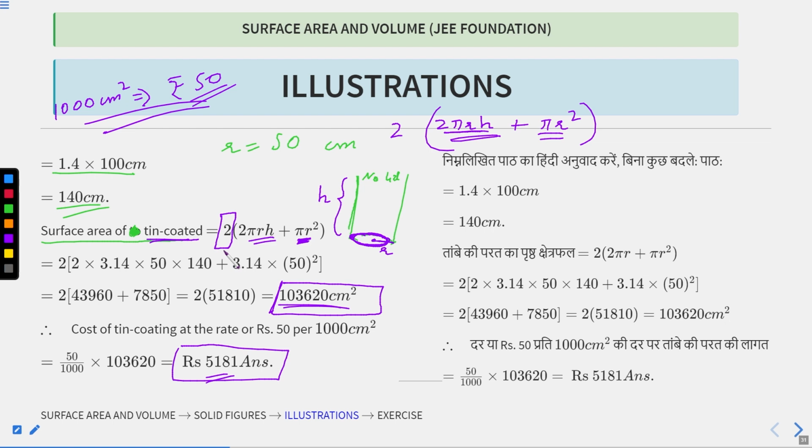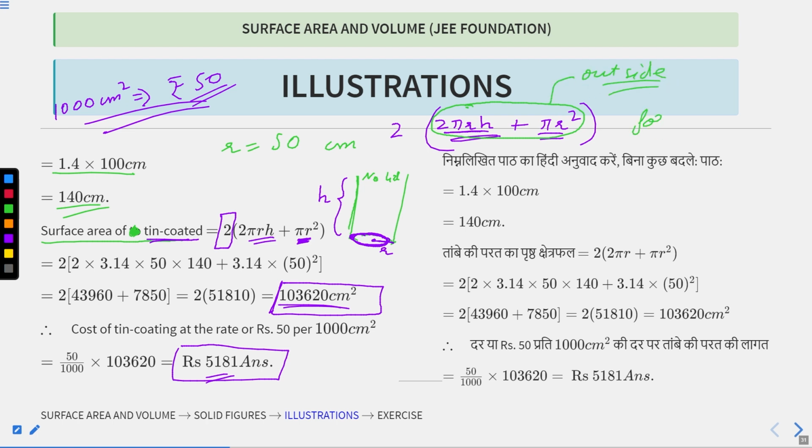It is quite easy, because if you are coating inside and outside also, one is for the inside only, the curved surface area, and the other for the outside area.